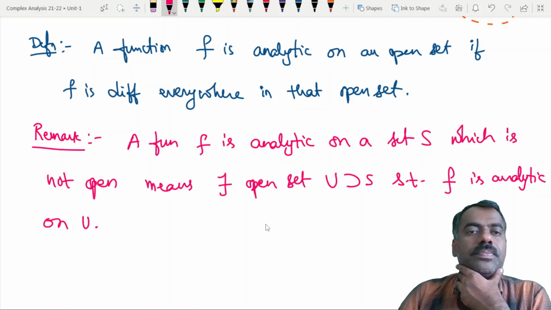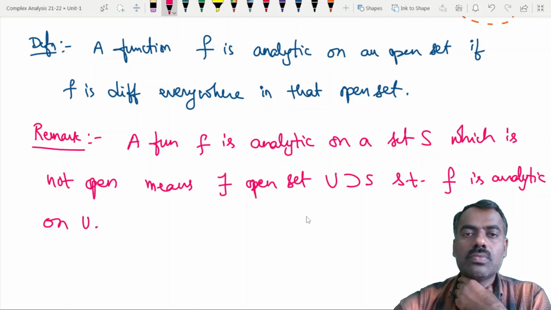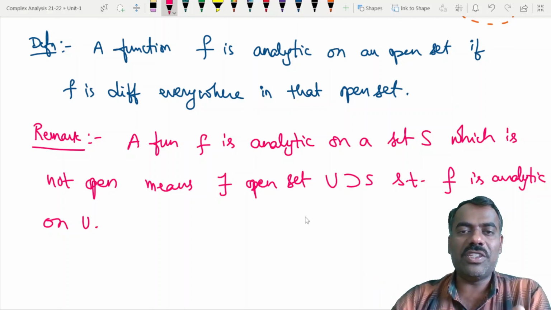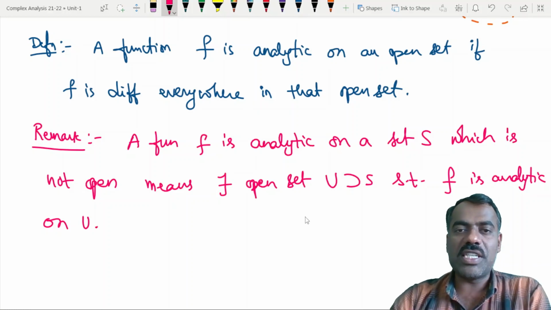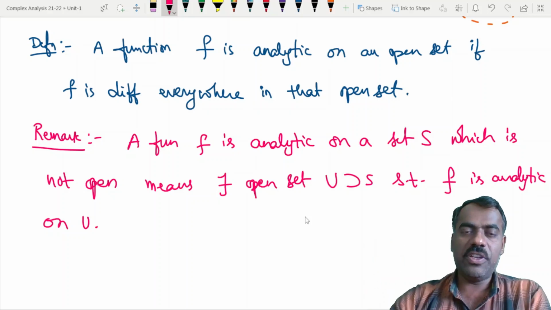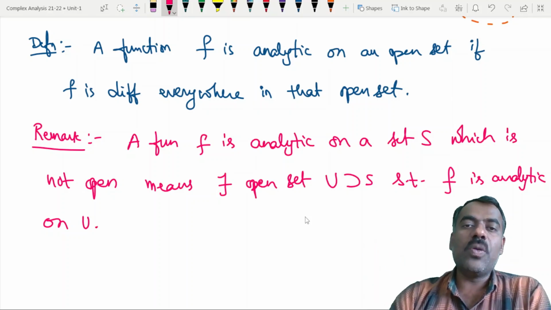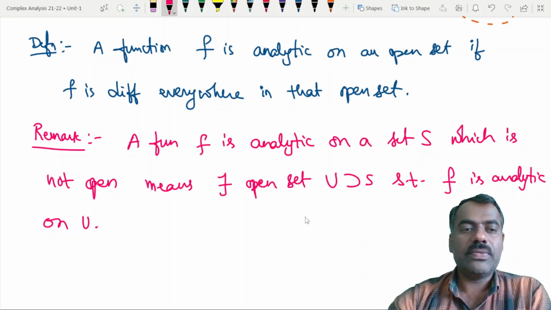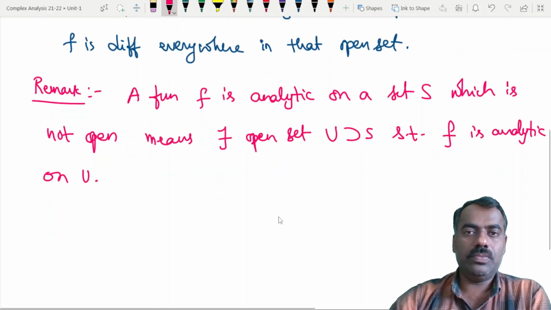So if f is analytic on a closed interval, then f is analytic on an open set containing that given closed set.